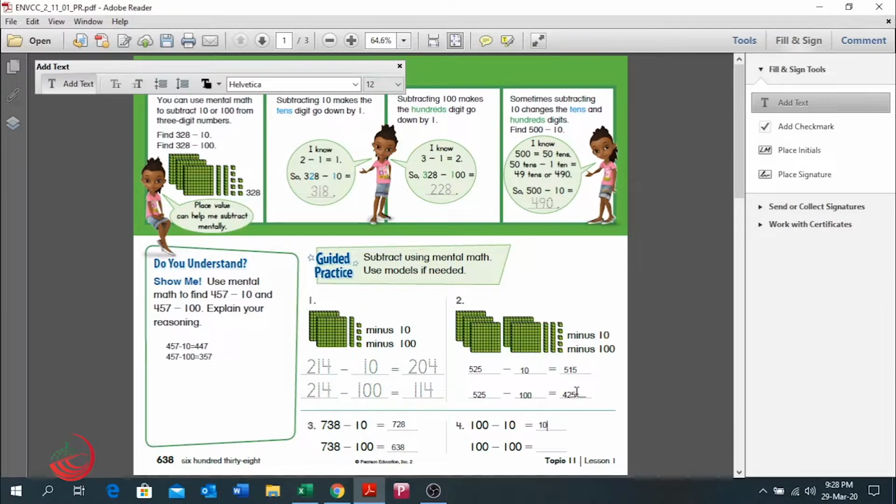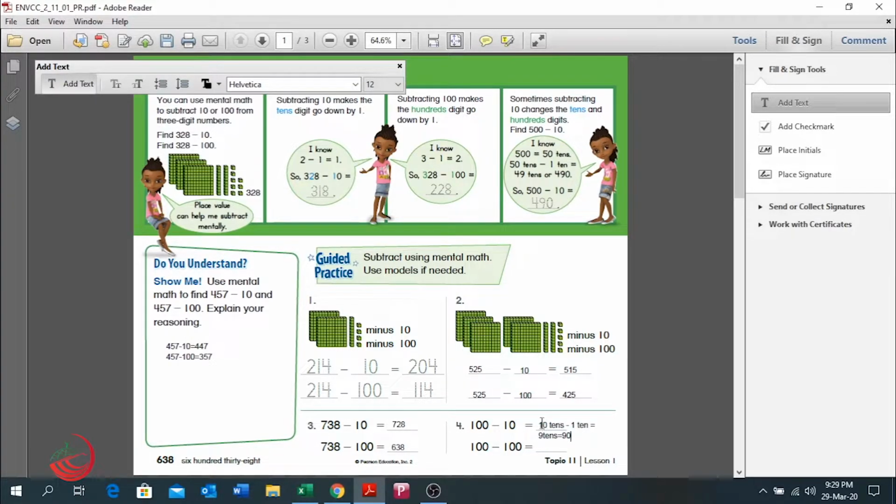We have 10 tens minus how many tens? 1 ten equals, so 10 minus 1 equals what? 9 tens, or 90. Same thing. So 100 minus 10 equals 90.